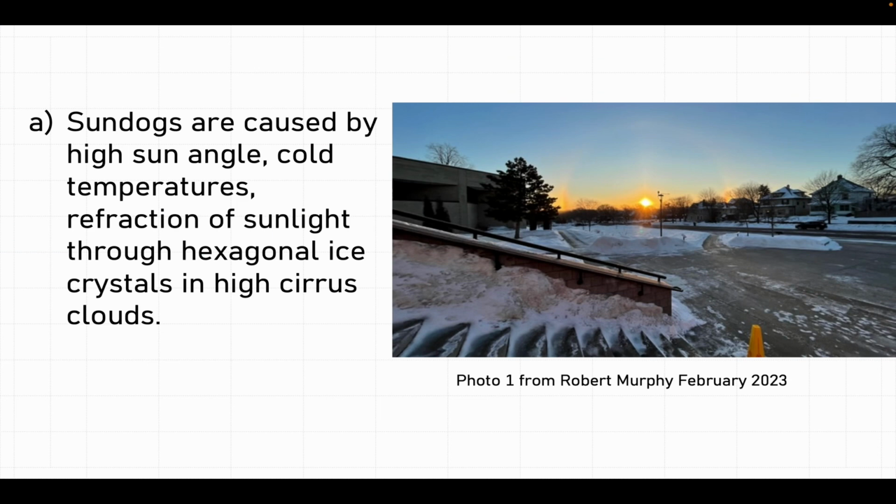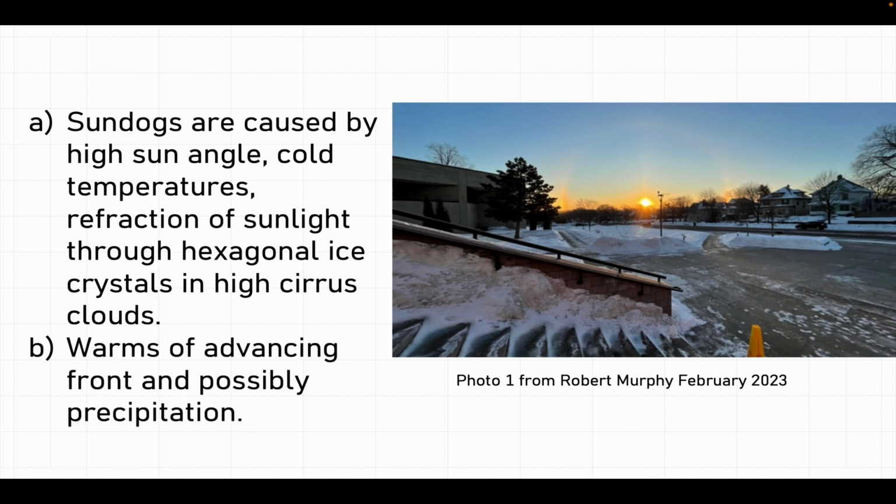They're caused by a high sun angle and cold temperatures. You can see the snow on the ground, so it's definitely cold out. And the refraction of the sunlight through ice crystals in the air, in this case, usually high cirrus clouds. What this could indicate is it warns of an advancing front and possibly precipitation.